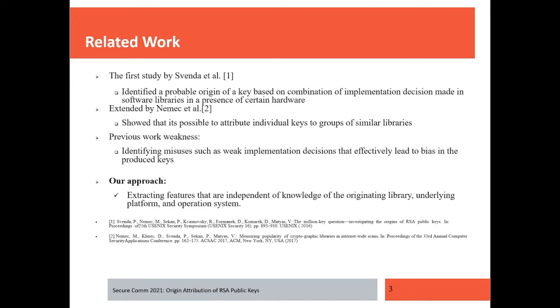The weakness of previous works is the necessity of identifying misuses, such as weak implementation decisions that effectively lead to a bias in a produced key. However, our approach tries to extract features that are completely independent of knowledge of the originating library, underlying platform, and the operating system.